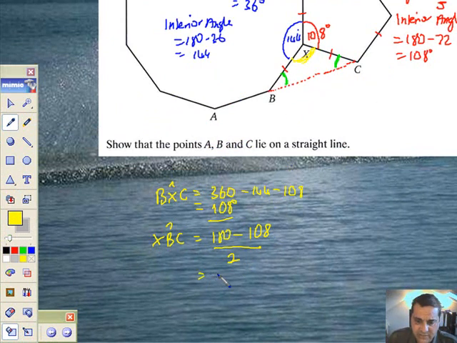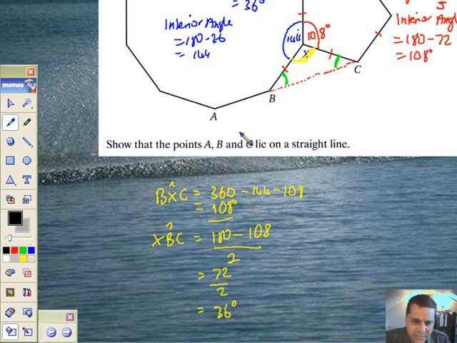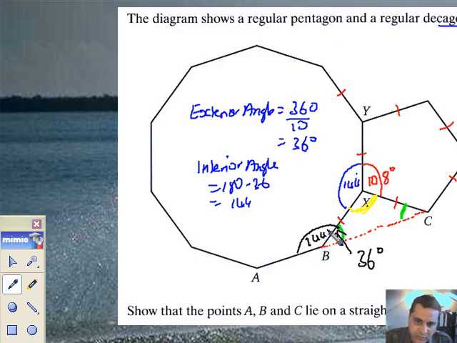So that's going to give me 72. Divide that by 2, and that's going to give me 36 degrees. Alright, so let me just label this in black, this is important. So that is 36 degrees, and we know this angle is also 144 degrees because it is the interior angle of a decagon.